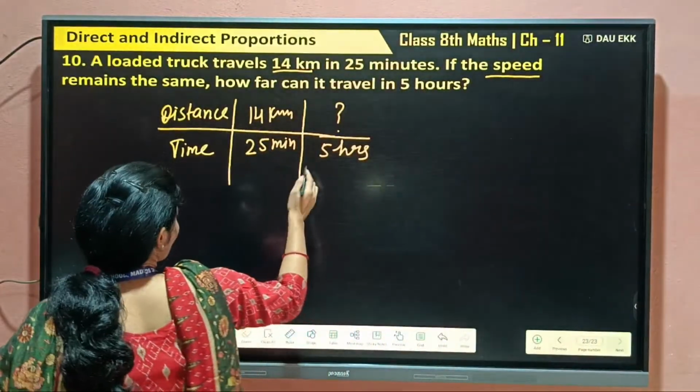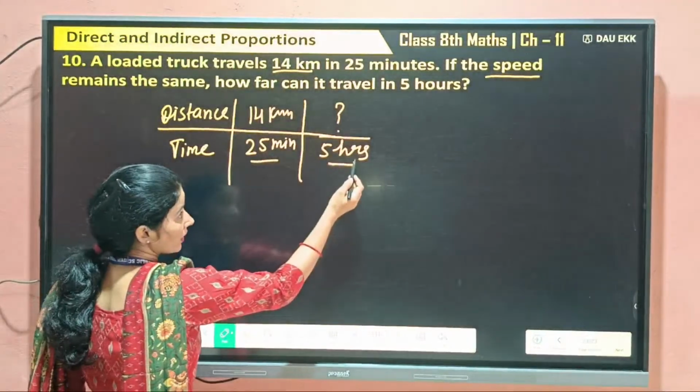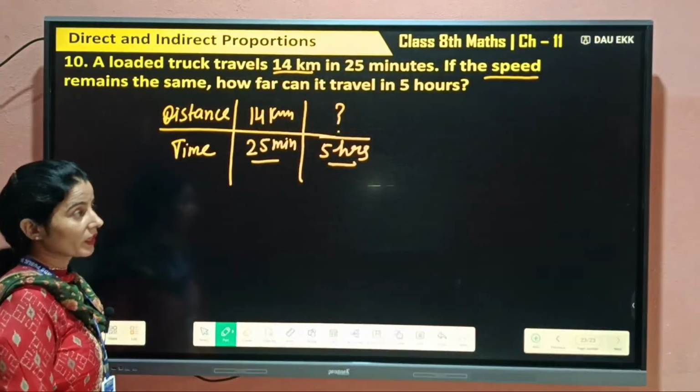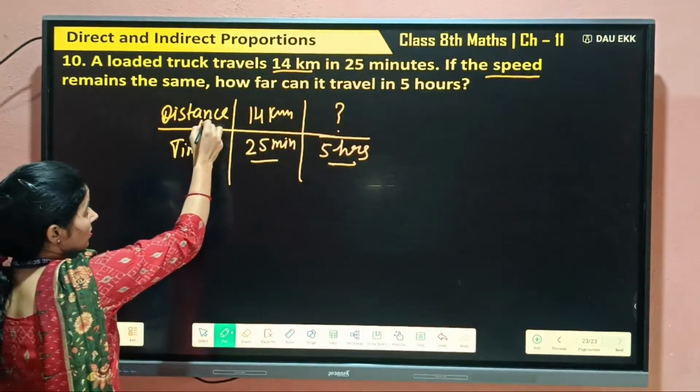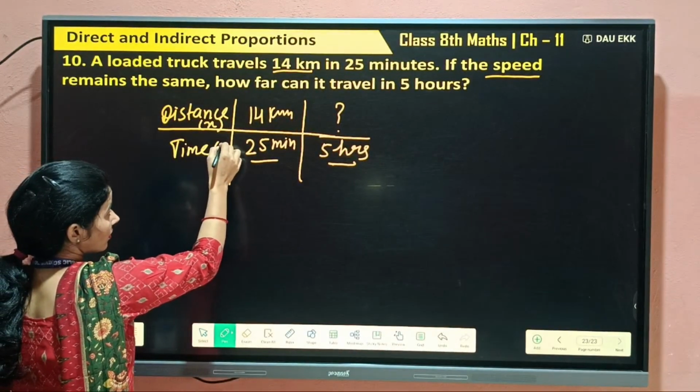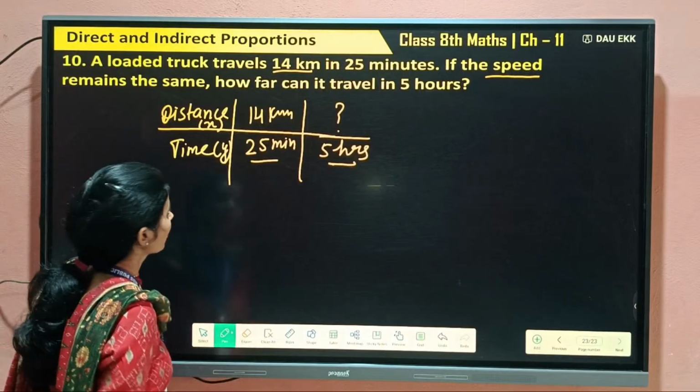As I told you, if time increases, then more distance it will travel because speed is the same. So this is a case of direct proportion. Let us denote distance with x, and time with y.